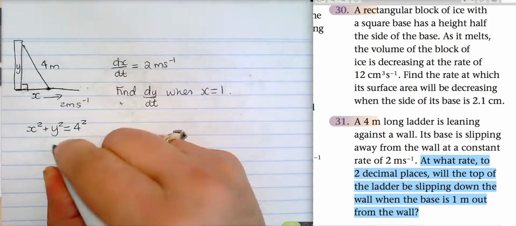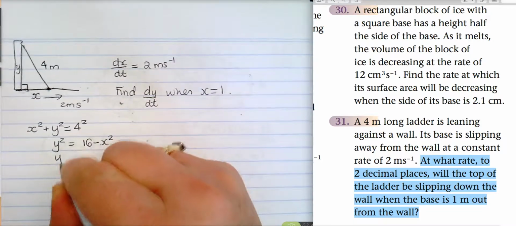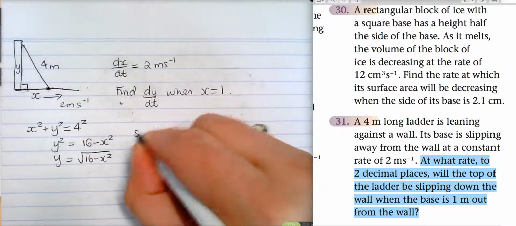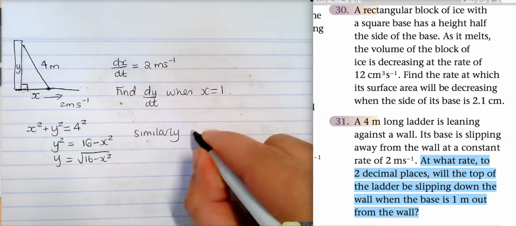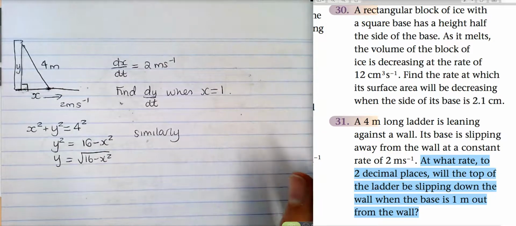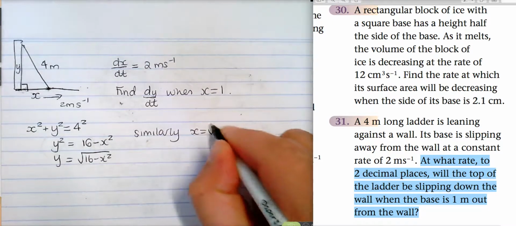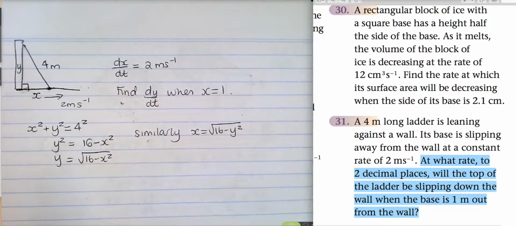So therefore, y squared is 16 minus x squared. y is the square root of 16 minus x squared. Similarly, x will be the square root of 16 minus y squared. Not sure if we need that anyway.